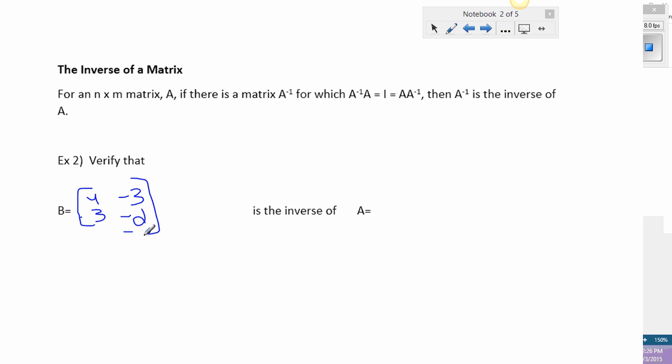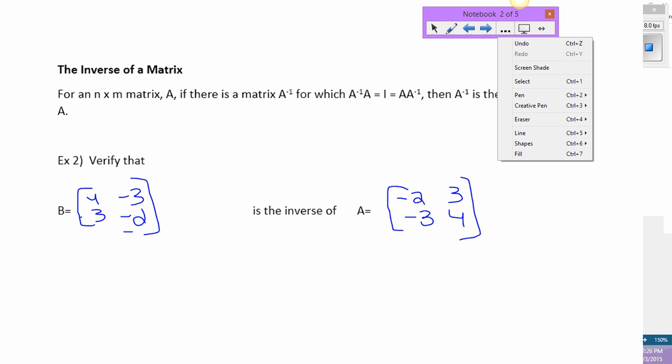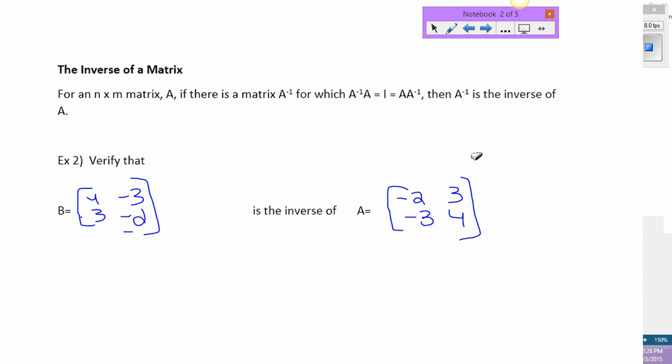And we want to show that it's the inverse of A, which is negative 2, 3, negative 3, 4. So we want to show that B is the inverse of A. So what we're going to do is find the product of matrix B and matrix A. So I apologize, but I'm going to have to erase this. So if you need to pause it now.